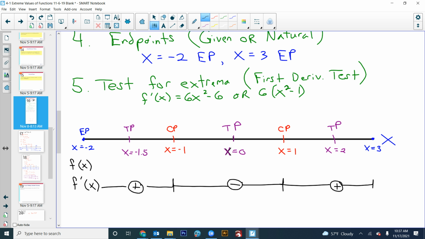And then it goes to a smooth critical point, and then it starts going up. So I can say confidently on this interval, f of x is increasing, then decreasing, then increasing.